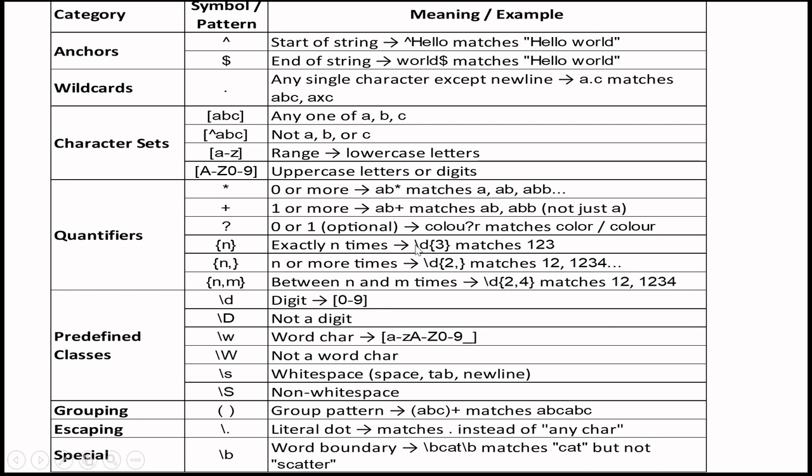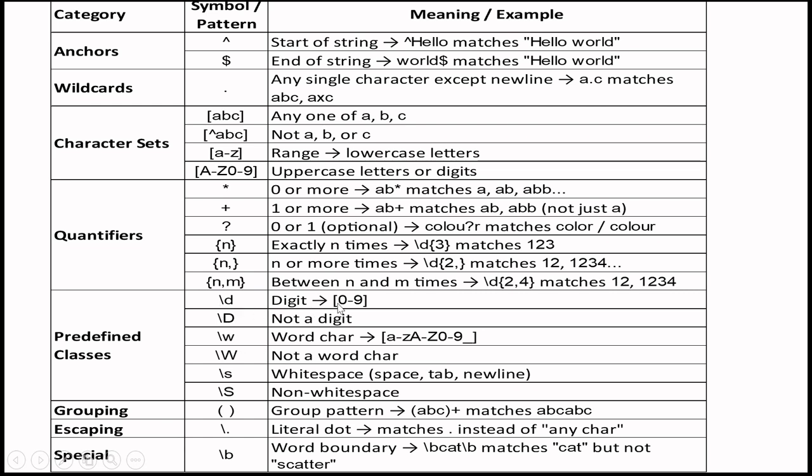So backslash d will refer to digits 0 to 9, and following the backslash d in curly brackets, if you mention a 3, it means exactly 3 digits, something like 1 2 3 6 9 0. And if there is an n comma, it means minimum n and maximum can be any number of times. If you've mentioned both n and m, it means the number of occurrences of the letter prior to this is n to m times.